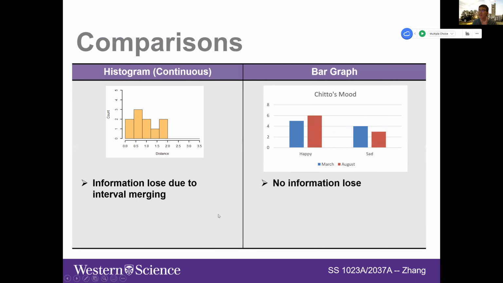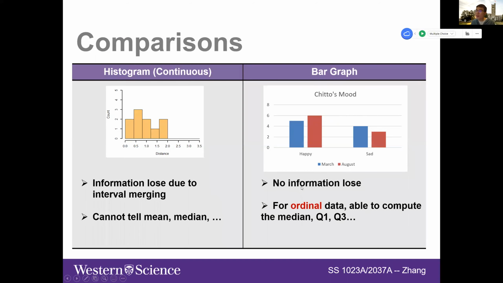If we compare the histogram and the bar graph, they are pretty much the same because we create the graph the same way. The only difference is that with the bar graph, we don't have any information loss because we don't need to merge the data into categories. So we can tell exactly how many counts are in each category, and somehow recover our data set from the happy and sad counts.